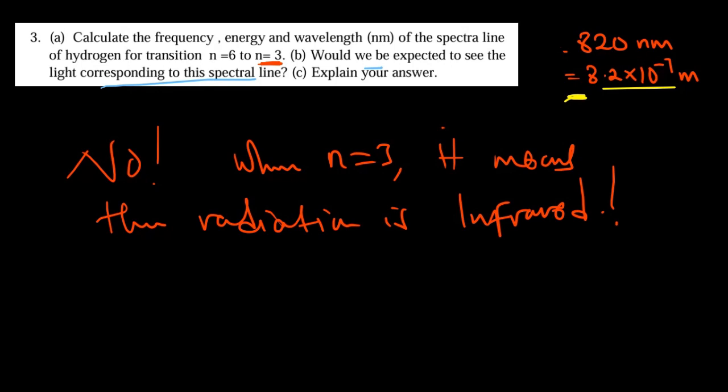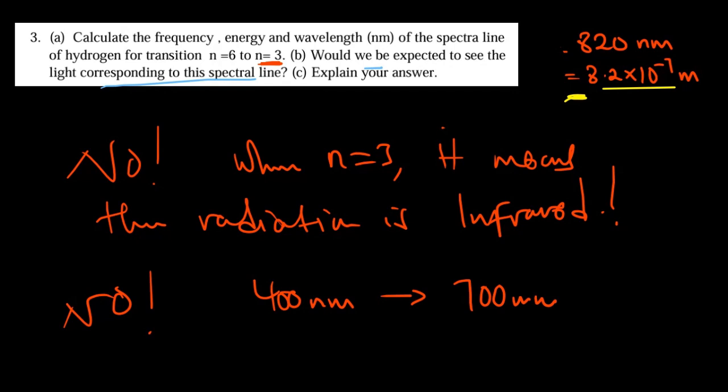Or, if you don't want to use this, you can say no, and then in your explanation you are going to say that the range of visible light is from about 400 nanometers to 700 nanometers. But when we found the wavelength for this, we found it was this, and when we changed it to nanometers, it was 820 nanometers.